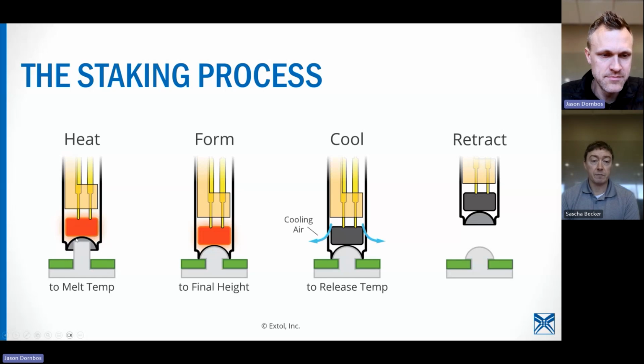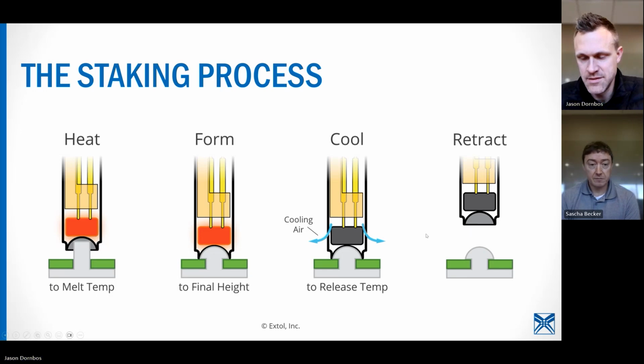Once there, we form that boss to a programmed height. Once we're there, we rapidly cool the entire module and the boss to some extent to a programmed release temperature, and then we retract the module with no sticking.